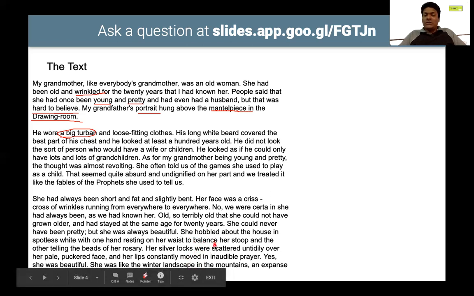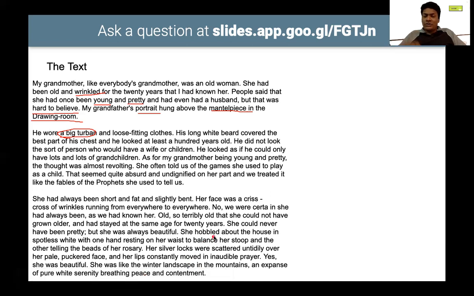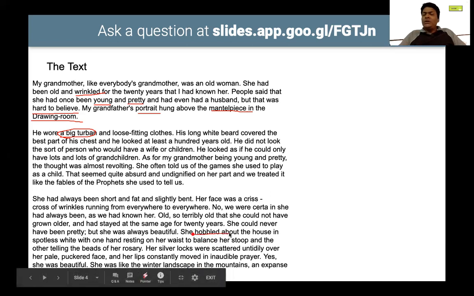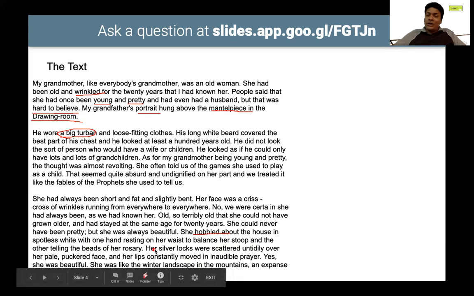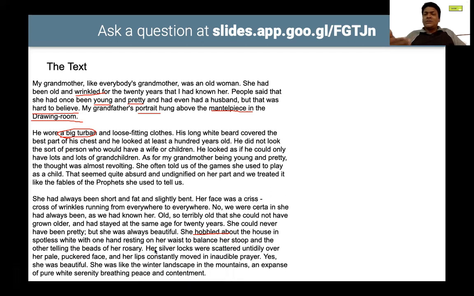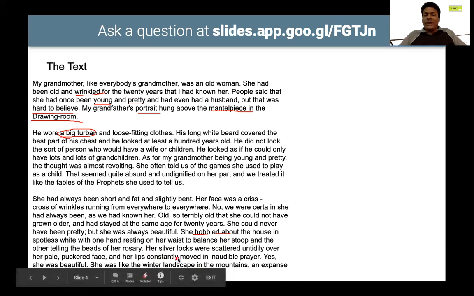She hobbled, right? She hobbled means moved about. She hobbled about the house in spotless, fine white, with one hand resting on her waist. So one hand resting on her waist.